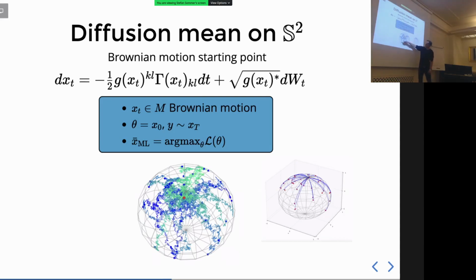Then you get a stochastic picture like this, and to contrast it with the Fréchet mean picture, which would be like this with a smooth transition from the mean to the data point. Maybe you can also see that this senses the geometry more, because these stochastic trajectories sense the entire manifold. They will move around everywhere.